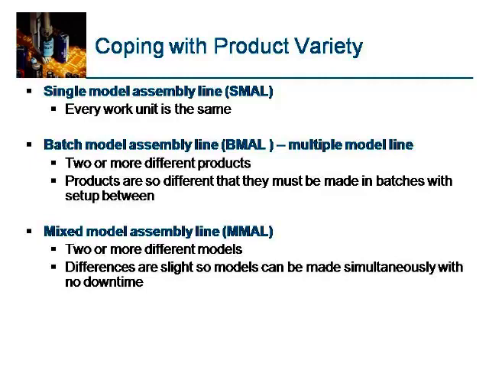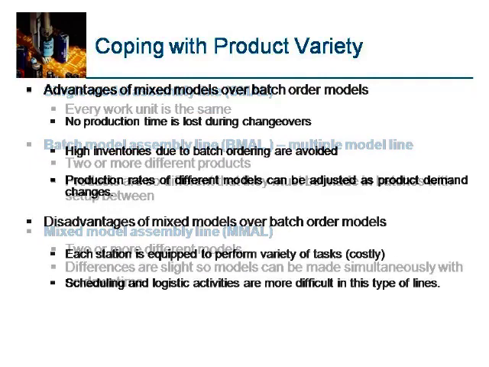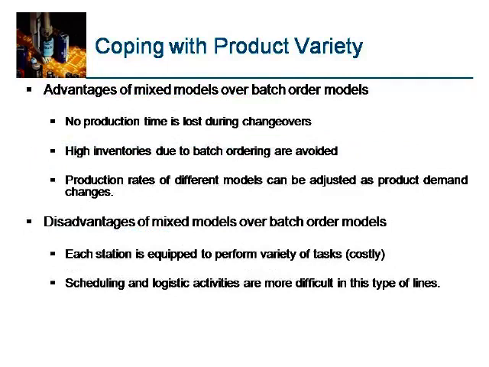Or mixed model assembly lines, where two or more different models, with slight differences, can be made simultaneously with no downtime. Advantages of mixed models over batch models: no production time is lost during changeovers, high inventory due to batch ordering is avoided, and production rates of different models can be adjusted as product demand changes.